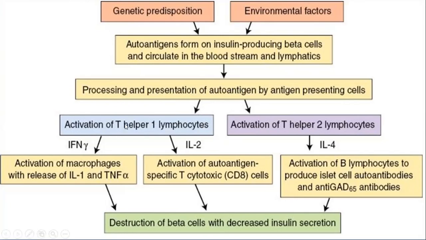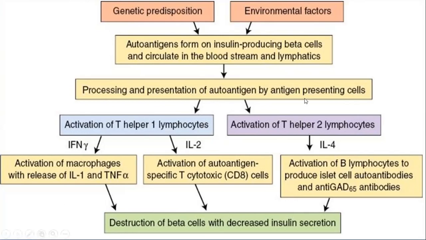these may lead to activation of T helper 1 lymphocytes, leading to production of interferon gamma and interleukin 2. Okay? So this causes activation of macrophages to release interleukin 1 and tumor necrosis factor alpha. And interleukin 2, on the other hand, causes activation of autoantigen-specific cytotoxic T cells.